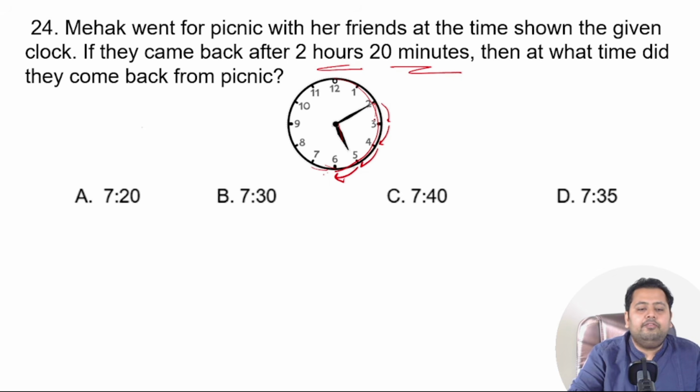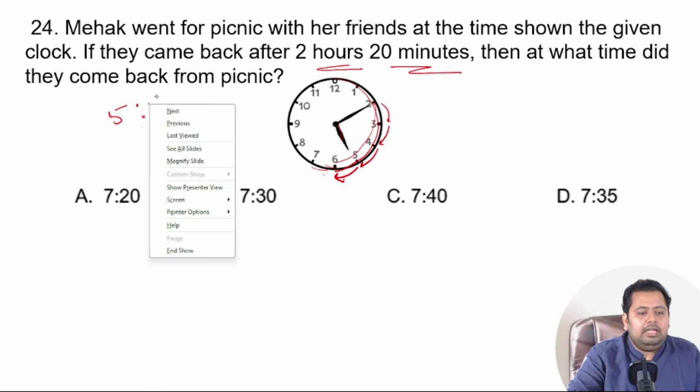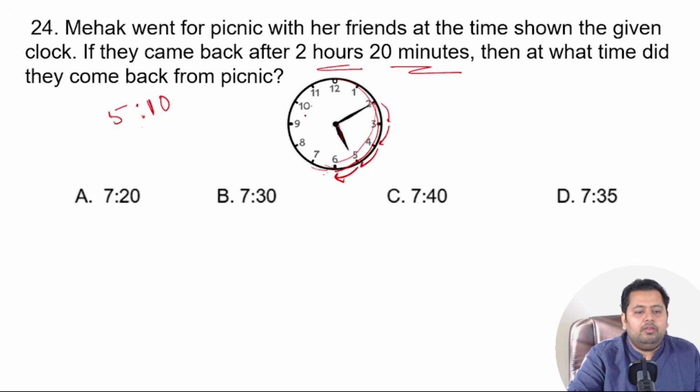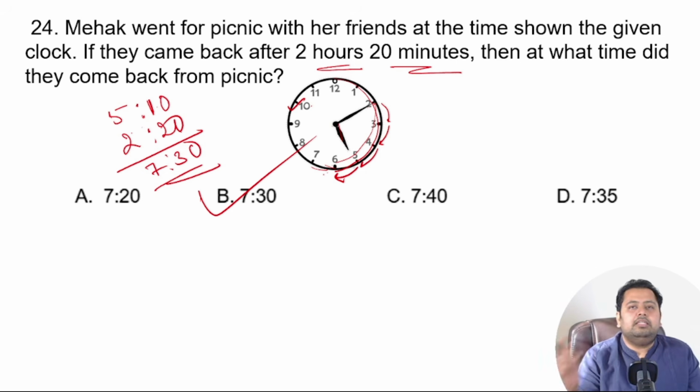Another 1 hour would be 7:30. Or we do a simple addition. This is 5:10, the time given in the clock, and to this we add 2 hours 20 minutes. So 0, 0, 2 plus 1 is 3, and 5 is 7. So the correct answer is 7:30.